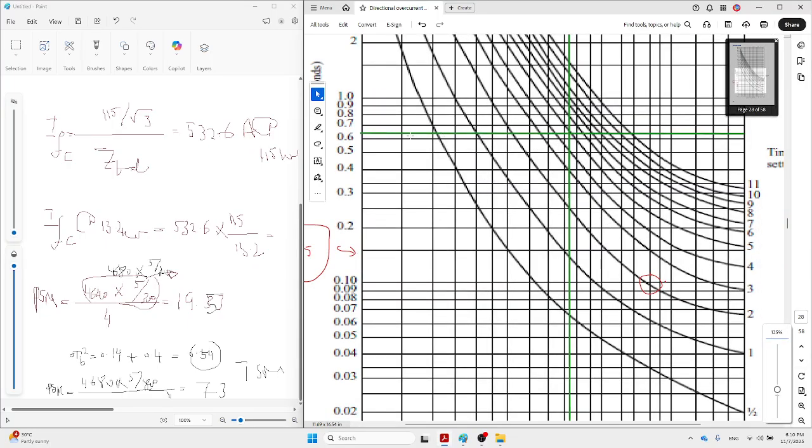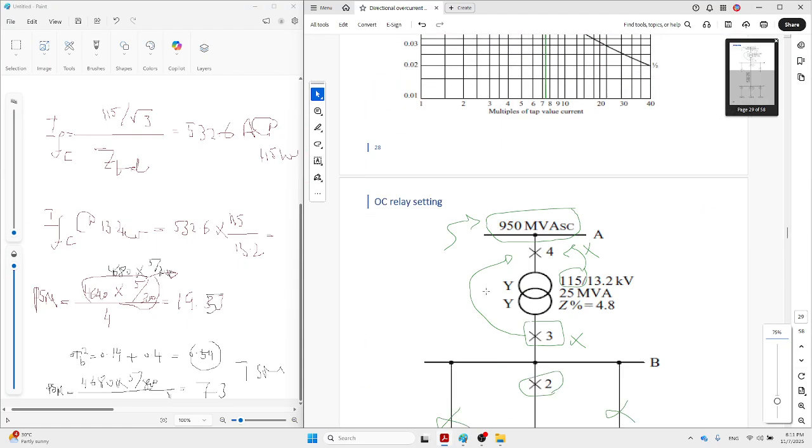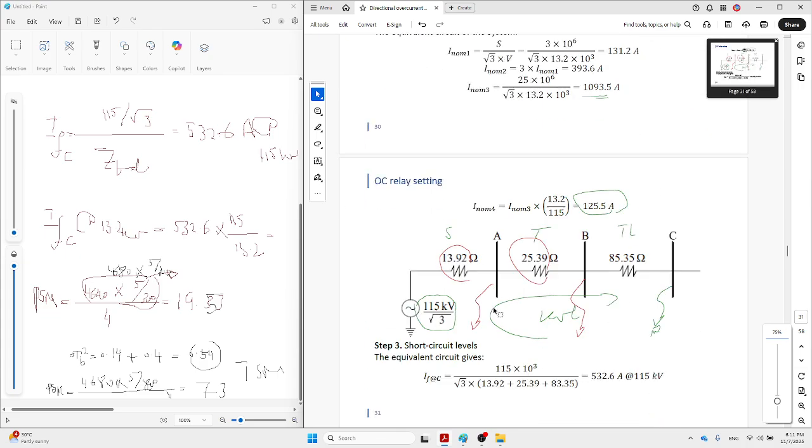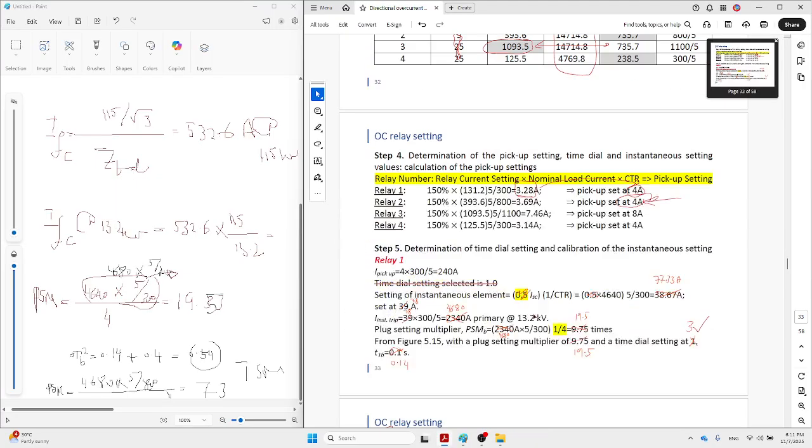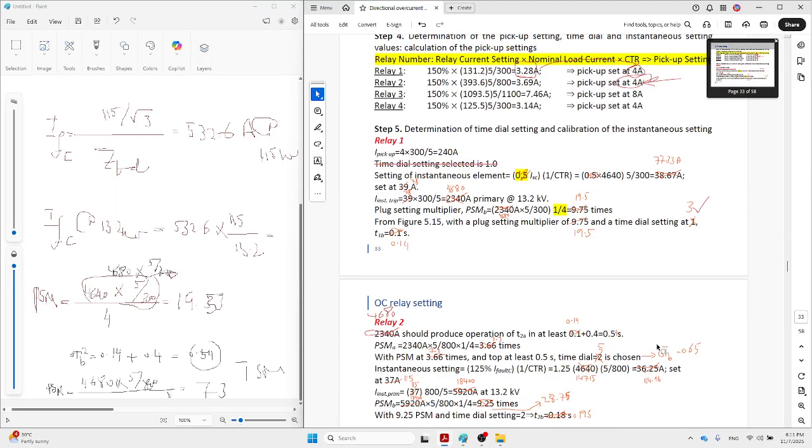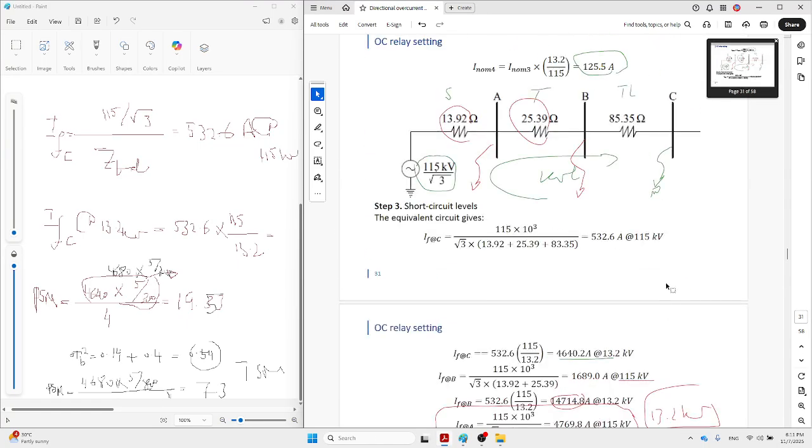So based on that, the operation time of the relay is considered as 6-something. So the time of operation of the backup relay is a bit higher than the discrimination time, 6.5. Okay, as you can see. However, there is no chance for us. Why can we not choose other values?